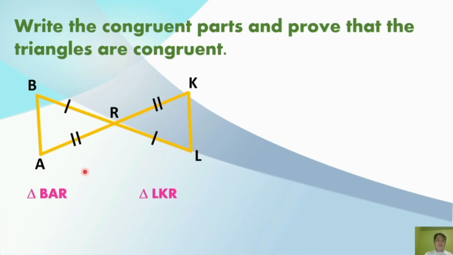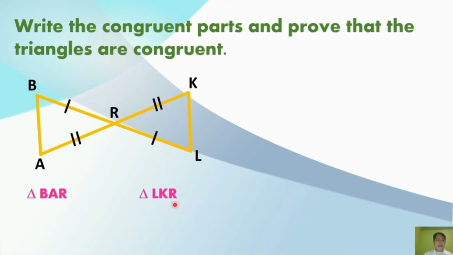Take note kung paano natin pinangalanan yung first triangle, ganun din dapat yung way ng pagbibigay natin ng pangalan sa second triangle. So kung dito we have B, A, R, we started with B going to A and going to the side with 2 tick marks. Dito naman we started with L going to K and going to the side that have 2 tick marks. So we have triangle BAR and triangle LKR.